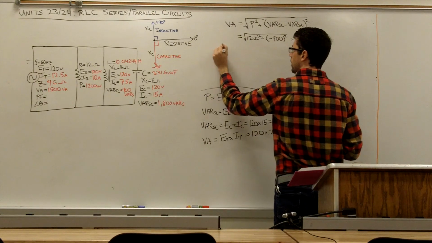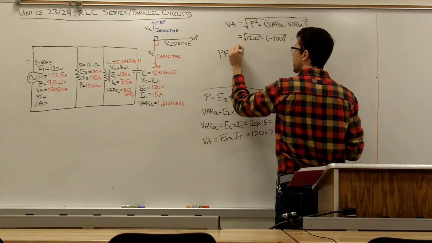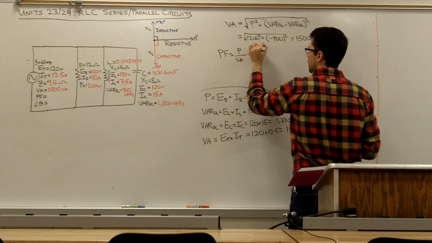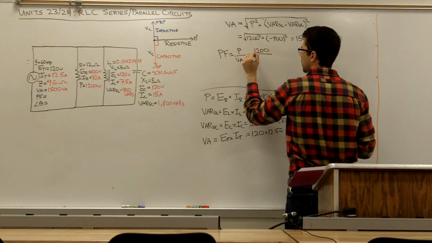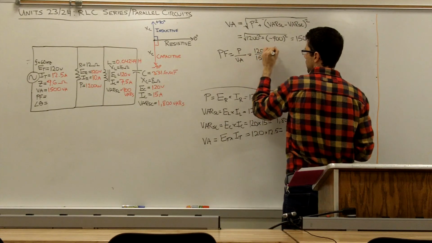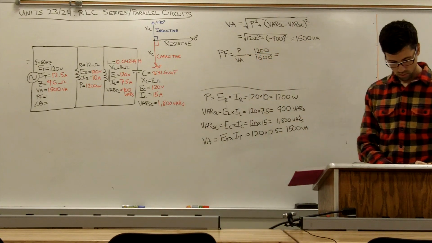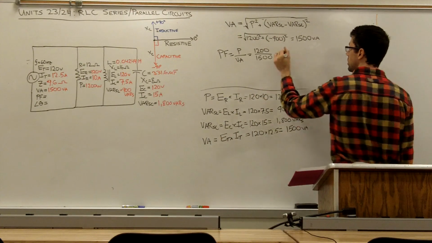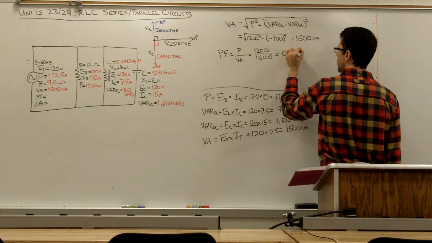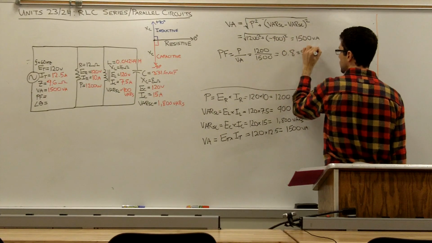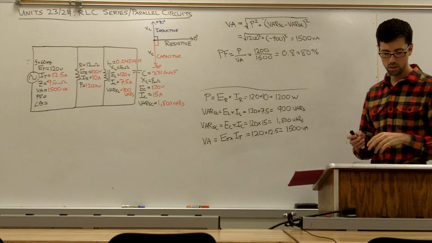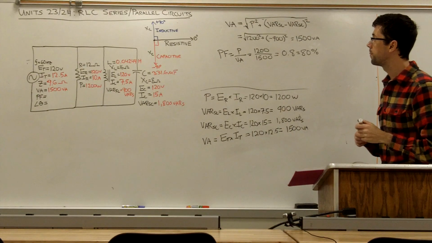Next, power factor, which is the true power P divided by the apparent power VA. That gives me 0.8 or 80%. So 80% of the power being produced in the circuit can actually be utilized or converted to some other form.